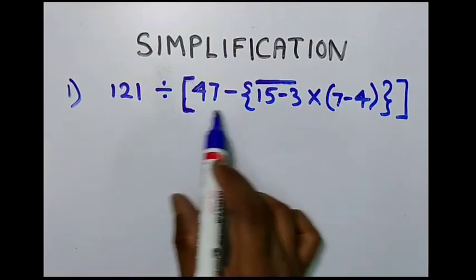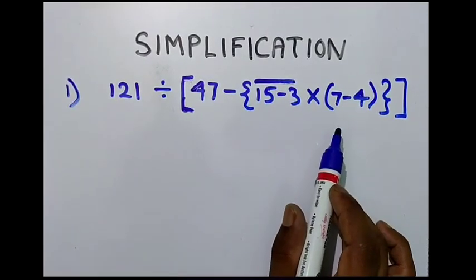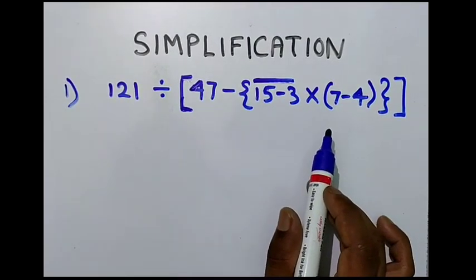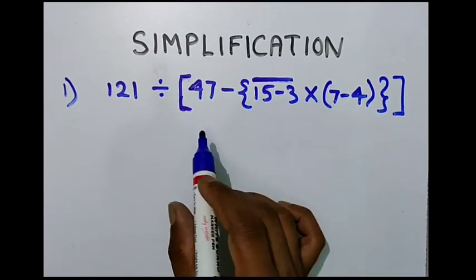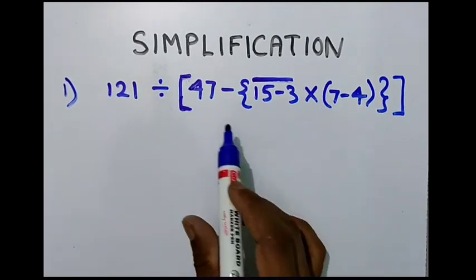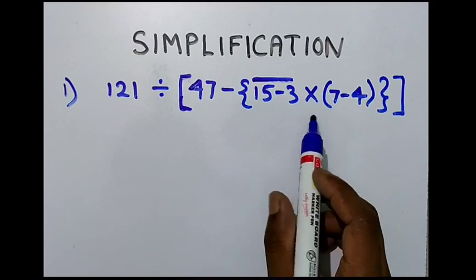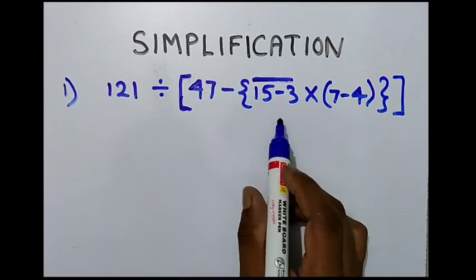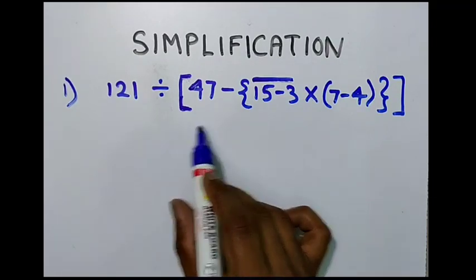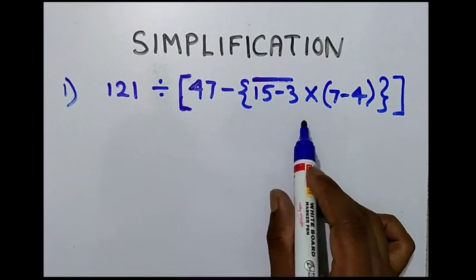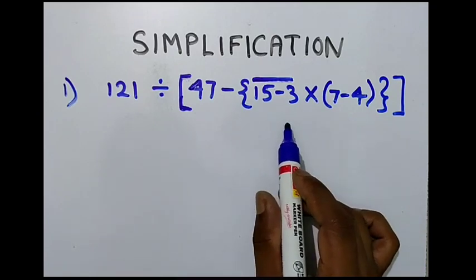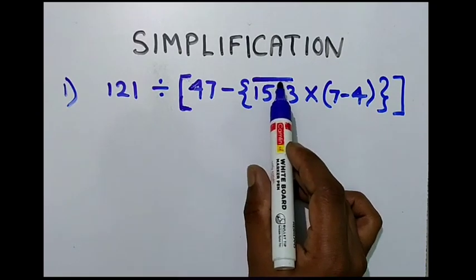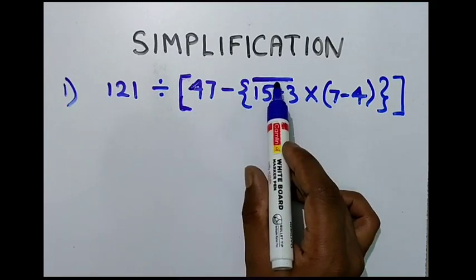So here is an expression of integers that we need to simplify. According to the BODMAS rule, we have to first solve the brackets. Now here you see there are a lot of brackets. First we solve the line bracket or the vinculum that is given over here.